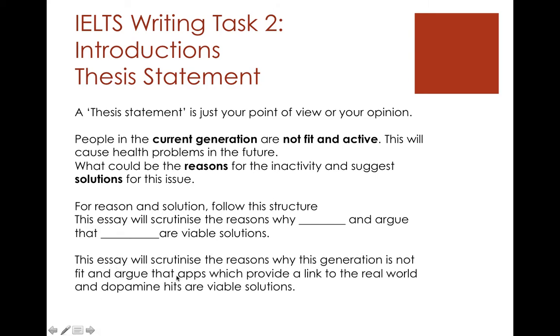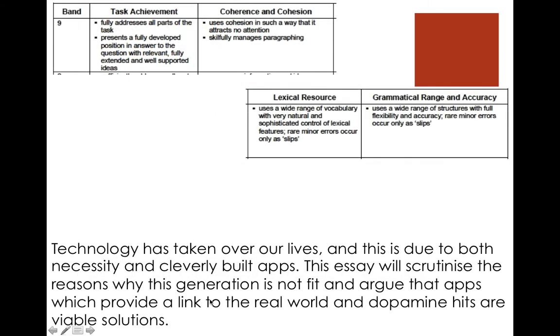Okay, so this essay will scrutinize the reasons why this generation is not fit and argue that apps which provide a link to the real world and dopamine hits are viable solutions. So let's check out the Band 9. Have a look and tell me, can you see where these match up?